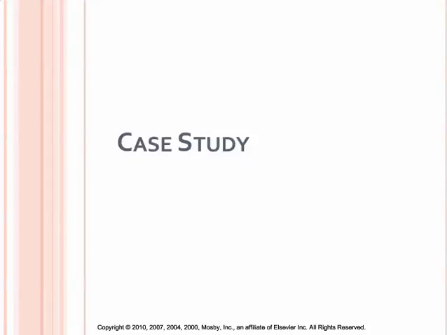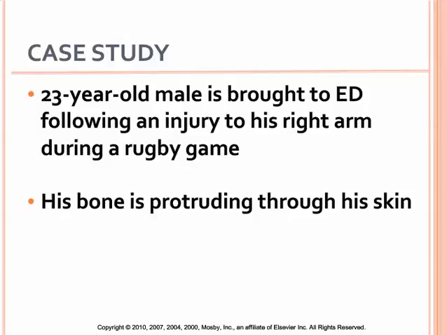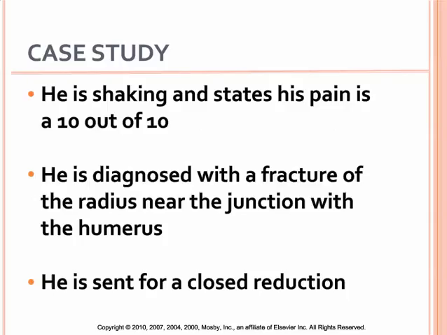Here's a case study. It's a 23-year-old male brought to the emergency department following an injury to his right arm during a rugby game. His bone is protruding through his skin. He's shaking and states his pain is a 10 out of 10. He's diagnosed with a fracture of the radius near the junction with the humerus, and he's sent for a closed reduction.